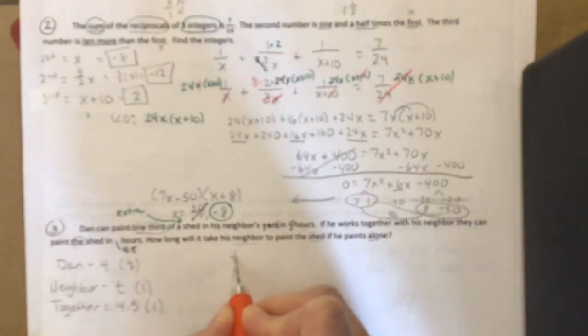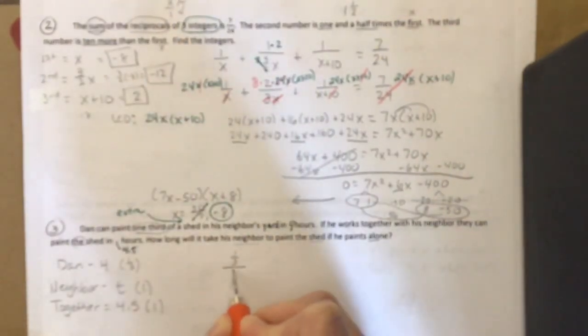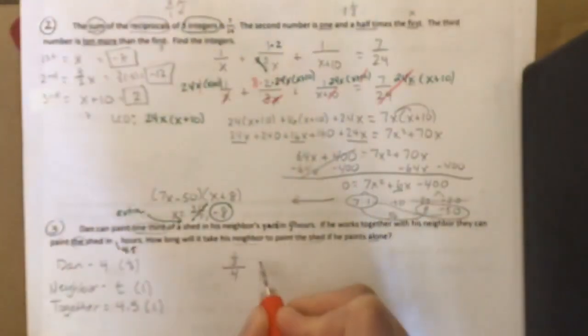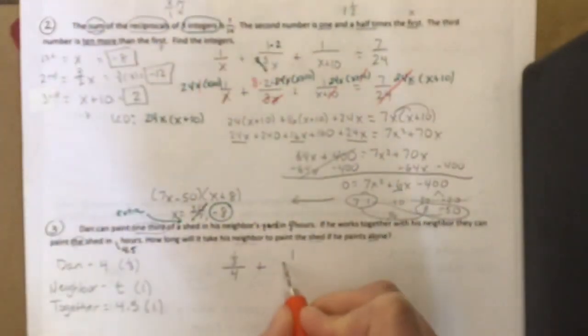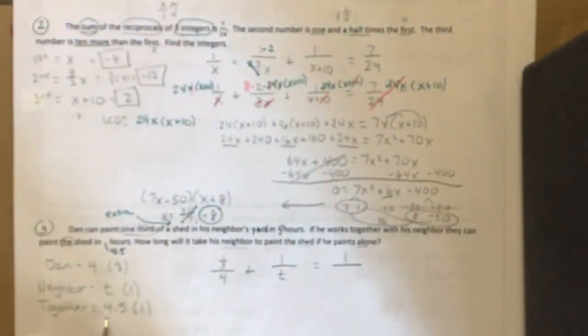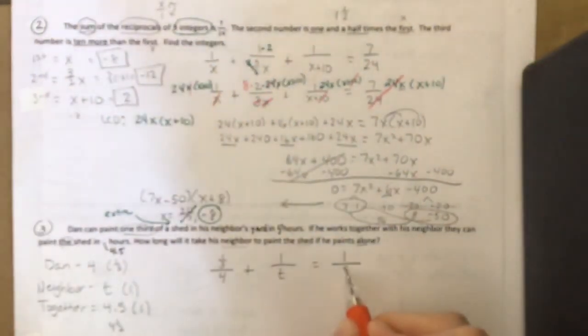Okay. All right, so we do alone work. So Dan's alone work is 1/3 over his time, 4 hours, plus alone neighbor, 1 over time, T, we don't know, equals the together 1 over now 4.5. I'm going to write that as an improper fraction. That's 9/2.